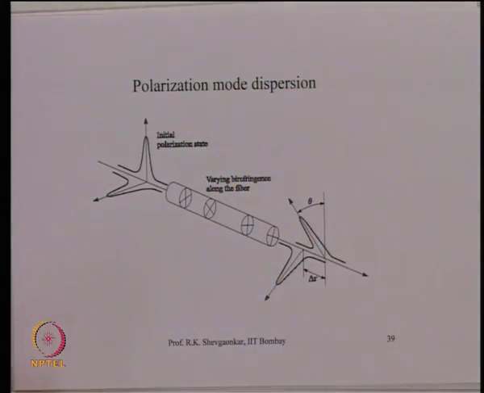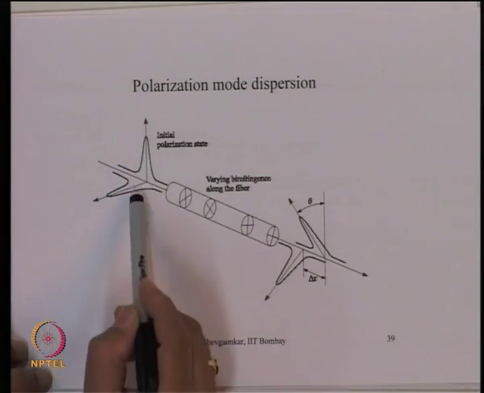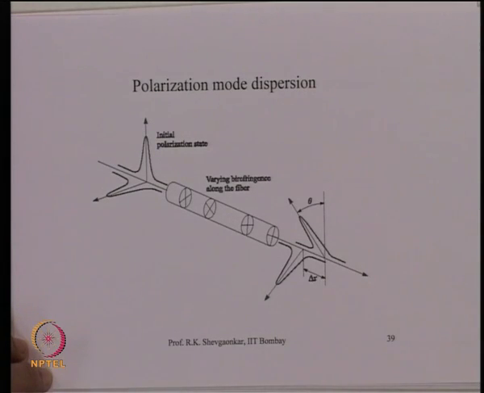So, if I take a fiber like this, and if I launch an optical pulse, the pulse energy will get divided into two polarizations, one is this, one is this. And as it travels, because of the birefringence variation inside the optical fiber, you will see that the two pulses will not reach at the same time on the other side of the fiber.